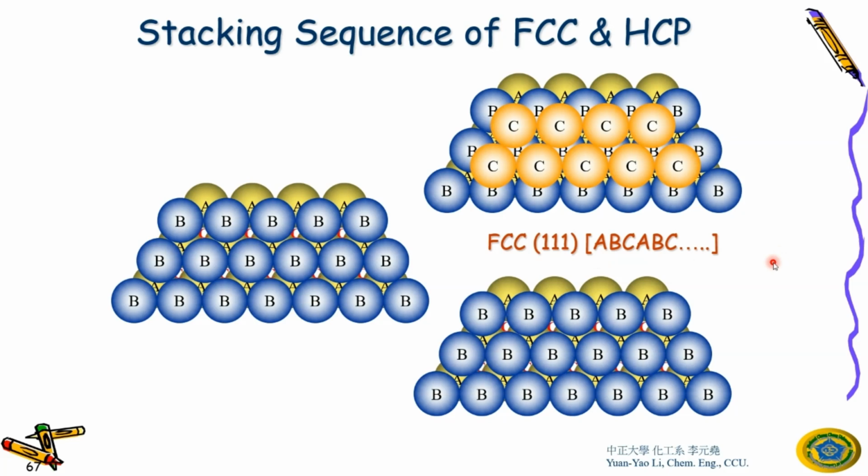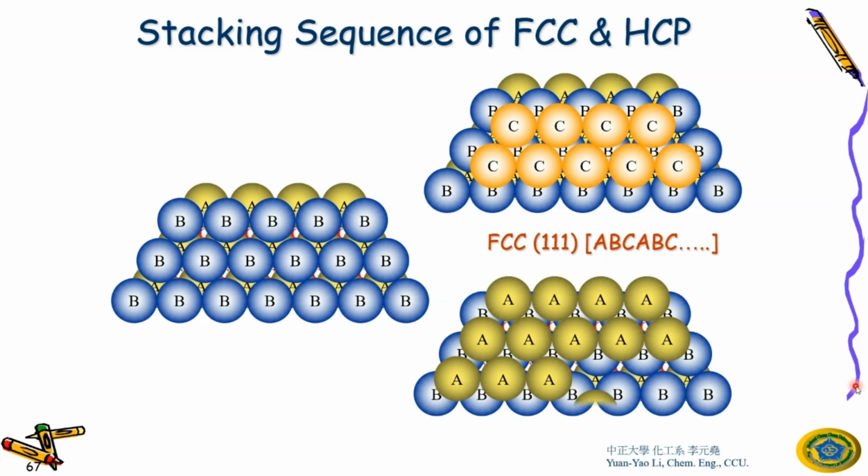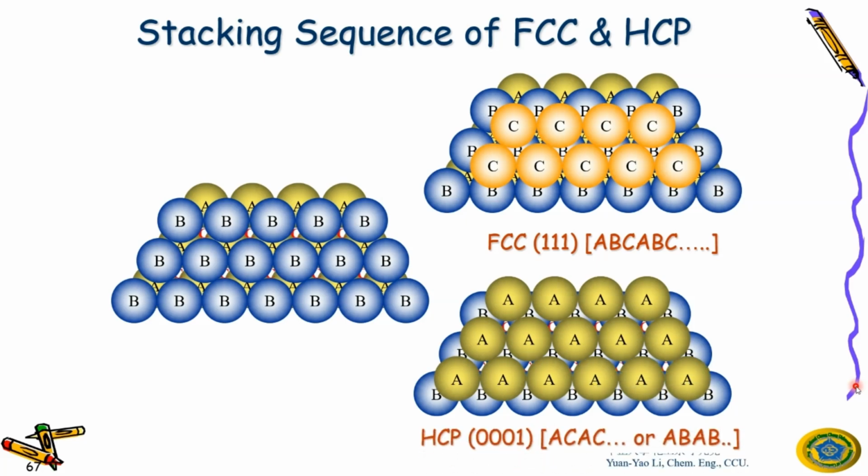But if you put the atoms in the A site in the third layer, that will be called AB packing sequences, or stacking sequences. And this is what we call hexagonal close packed, and the plane is (0001). It can be ABC or it can be AB. So this is called stacking sequences, and this is also the close packed structure.